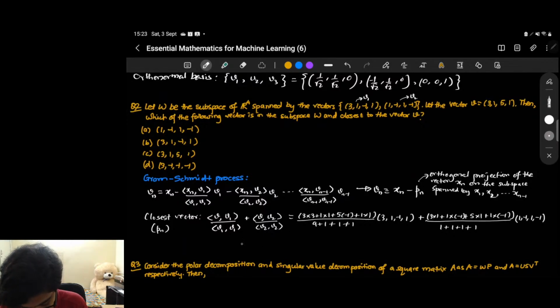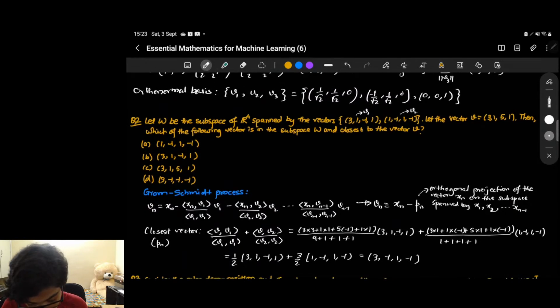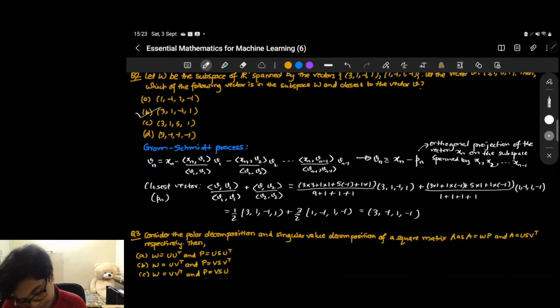So simplifying this, this Pn is essentially the closest vector. So Pn in the algorithm for the Gram-Schmidt process is used as the closest vector. So this is option number B.